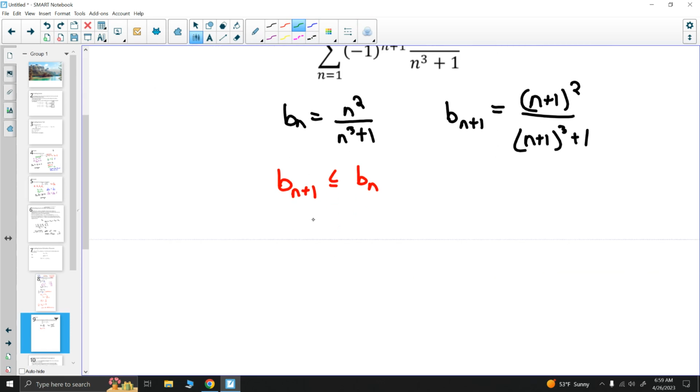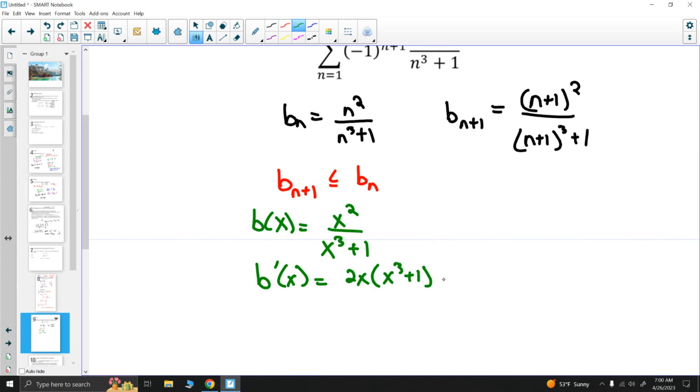And so instead, I'm just going to switch over to the derivative. So if I think about this like b of x, essentially, that would be x squared over x cubed plus 1. And I'm going to take the derivative of it, b prime. And that would be 2x times, so it's the derivative of the top, it's quotient rule as a reminder, derivative of the top times the bottom, x cubed plus 1, minus the derivative of the bottom, 3x squared times the top, x squared, all over the bottom squared, x cubed plus 1 squared.